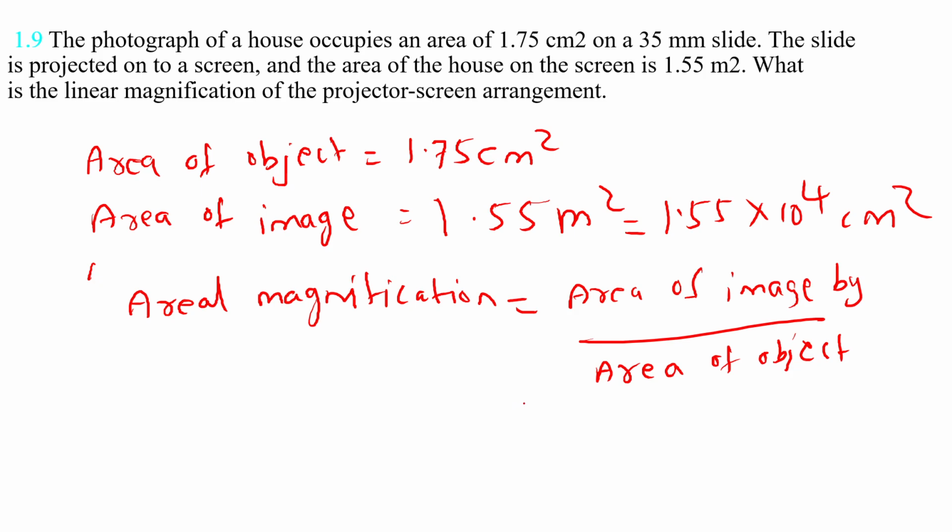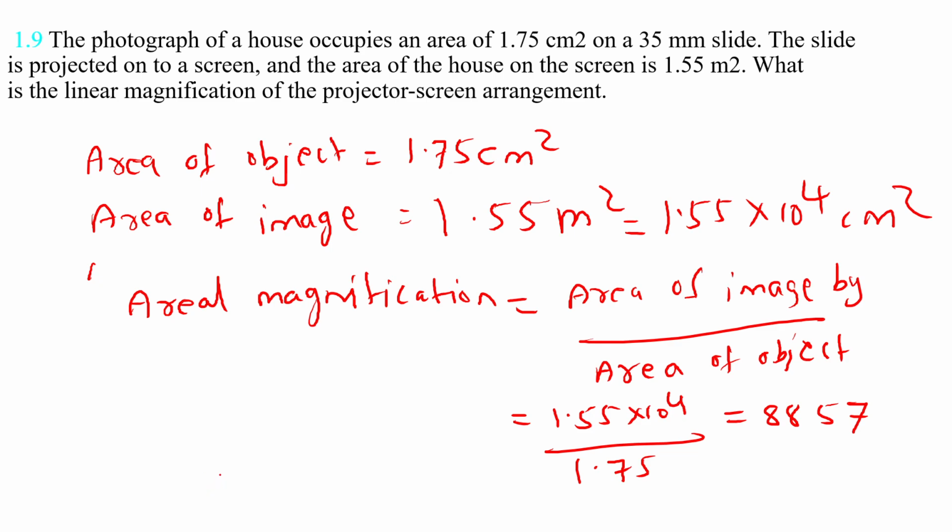So you will get 1.55 into 10 raised to 4 divided by 1.75, so you will get 8857. Yes, and this is the aerial magnification.